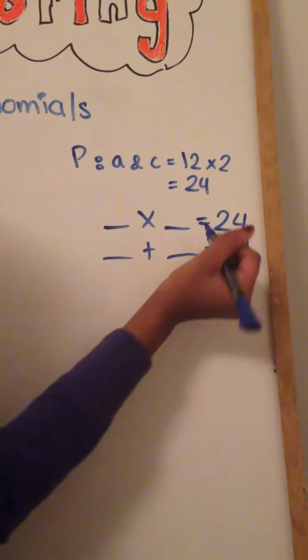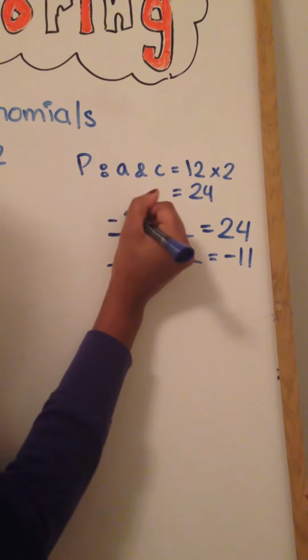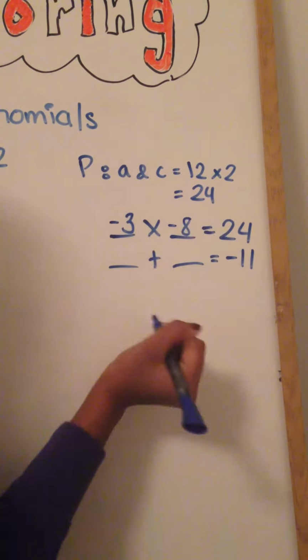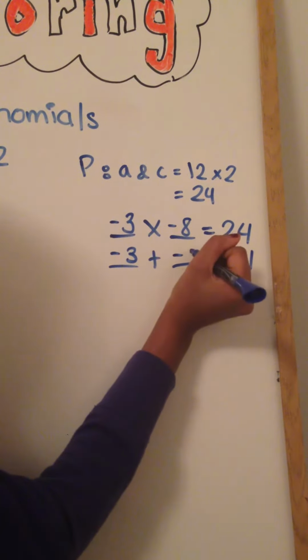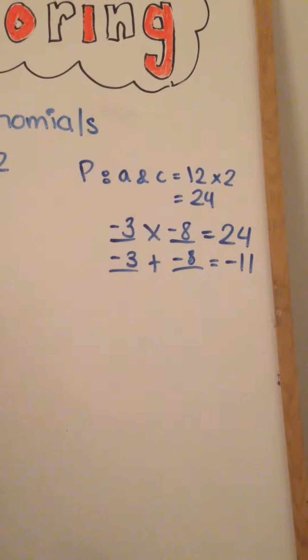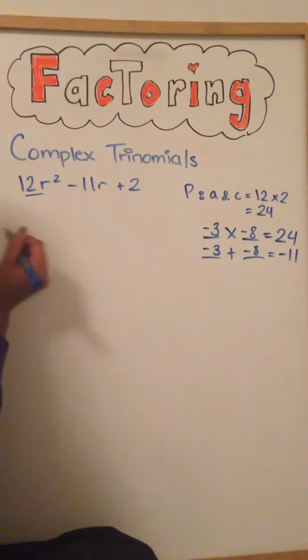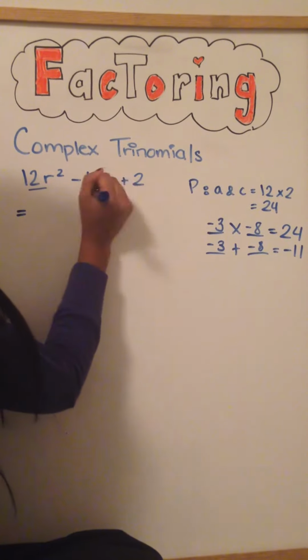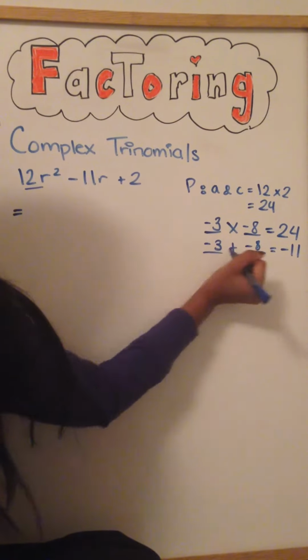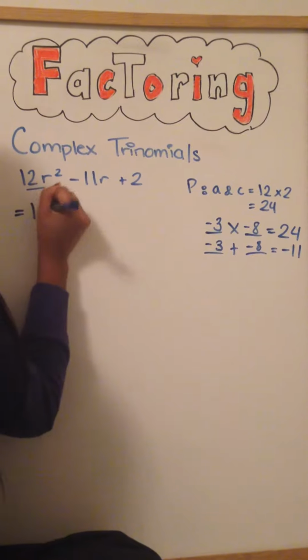The two values that equal 24 are negative 3 and negative 8, and the same two values add to equal negative 11. Now you have to rewrite this trinomial, replacing the negative 11r with negative 3 and negative 8.